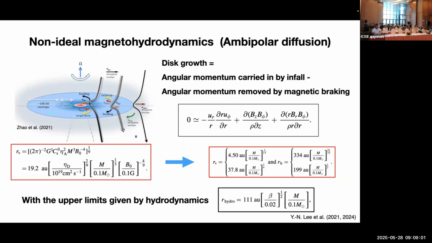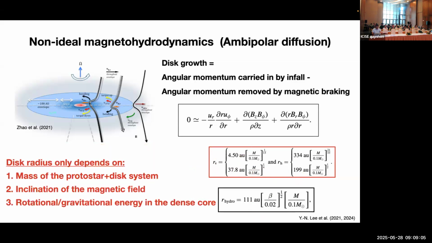Now this kind of prediction is very nice because it shows that the disk radius depends only on the mass, rotational energy, and magnetic field orientation. These are three parameters we can observe, which means if ambipolar diffusion is the dominant process, given this model, we can predict the expected disk size distribution.